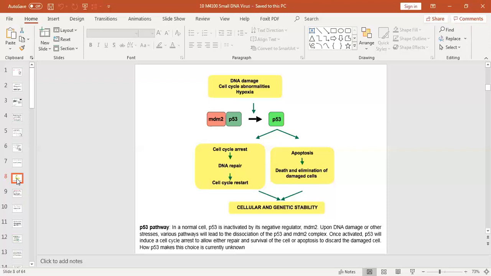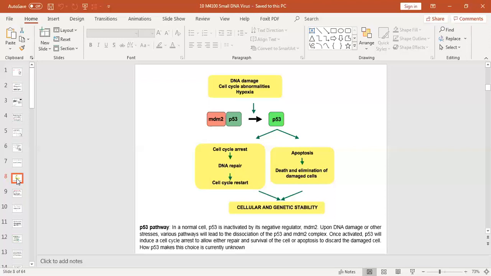However, if the damage to the DNA is so extensive and there is no way for the cell to control that damage or repair it, the cells will undergo apoptosis. And both of these two processes, cell cycle arrest, which repairs the damage so cells will continue growing, or apoptosis, which is the elimination of cells with extensive DNA damage, both contribute to cellular and genome stability.